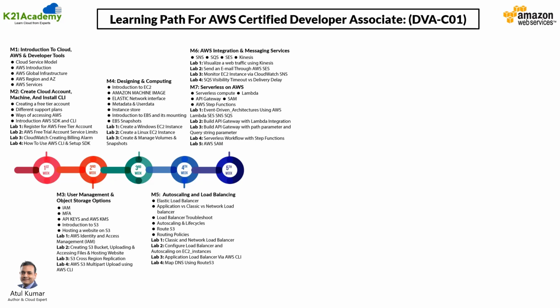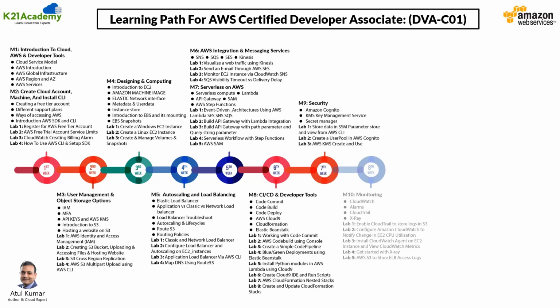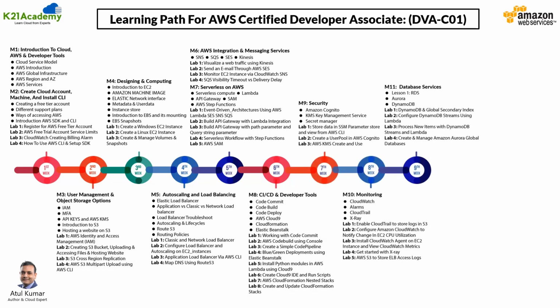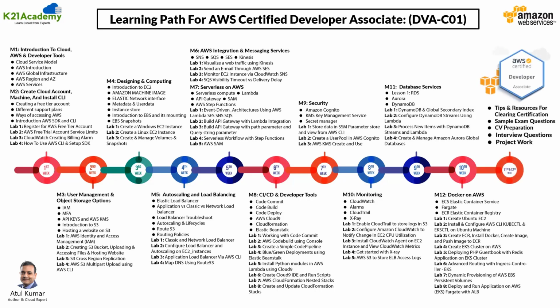Serverless on AWS, continuous integration or continuous delivery and developer tools, security, monitoring, database services, Docker on AWS, and then you will do projects. So this is the most important point, right? Once you understand the basic concepts, then you run projects on top of that. You have multiple projects as part of this program. And finally, you will be giving the certification exam.